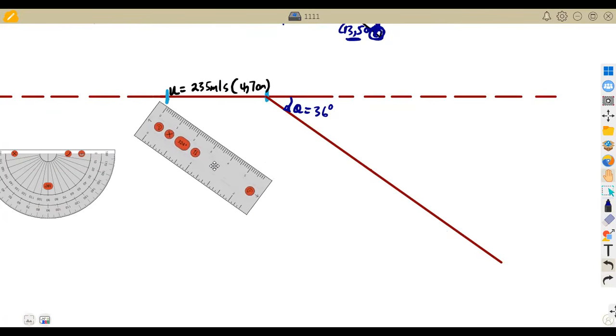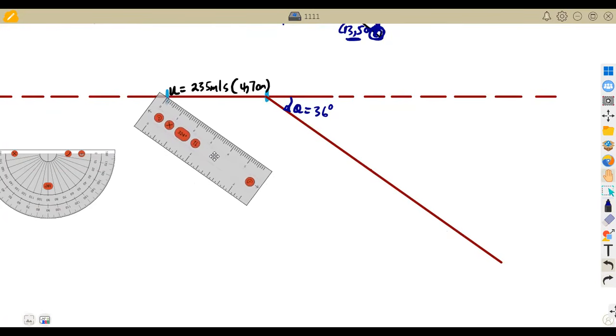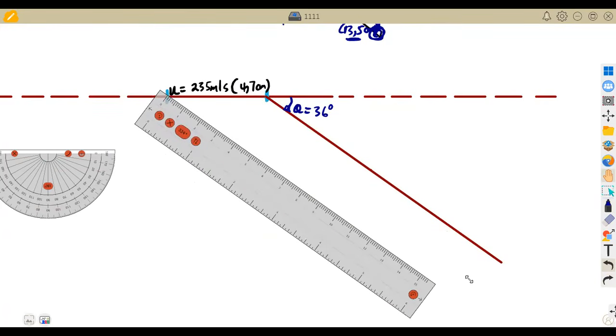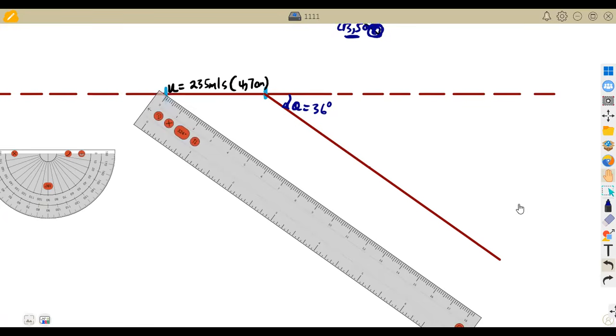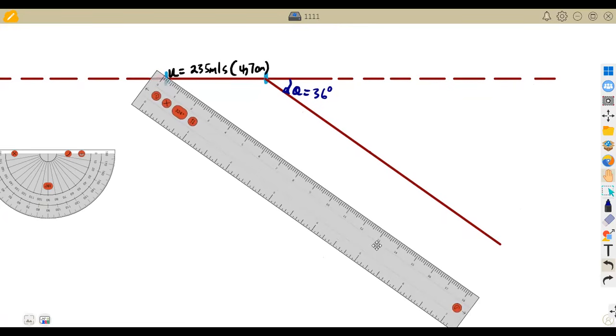So you place the 0 at this point and stretch out 13.5, and it must reach this line that we have of 36 degrees, at a certain point, which is this one here. Let me put it on top a little bit.